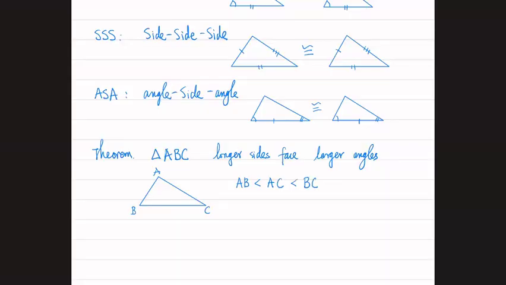From there, we have the corresponding property about angles. AB faces angle C, AC faces angle B, BC faces angle A. So longer side, larger angles; shorter side, smaller angles.